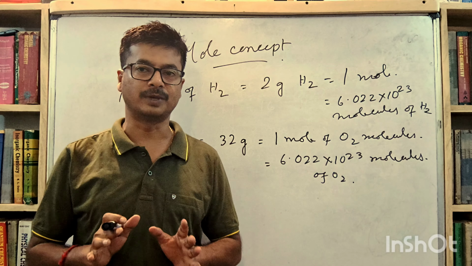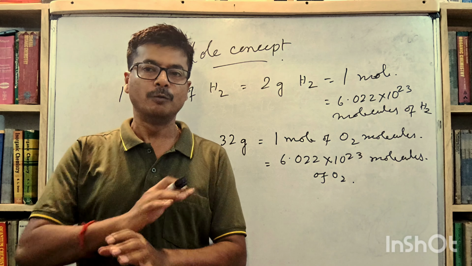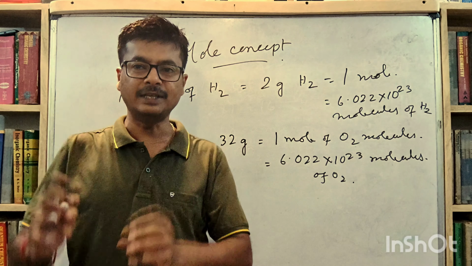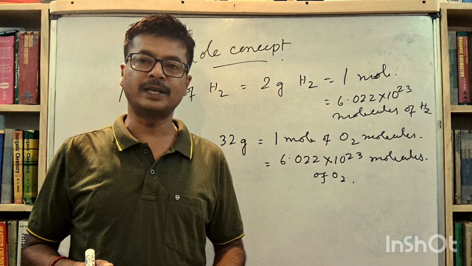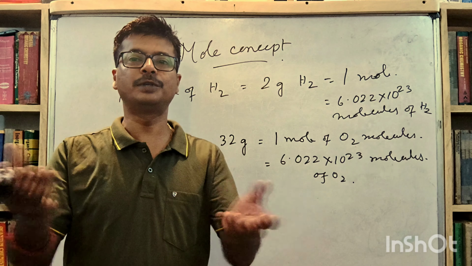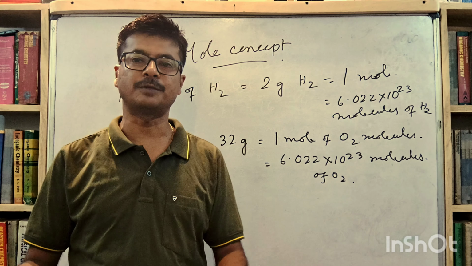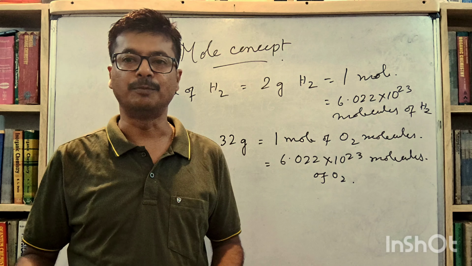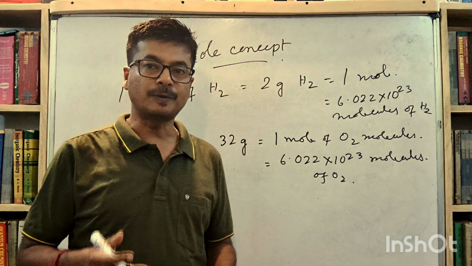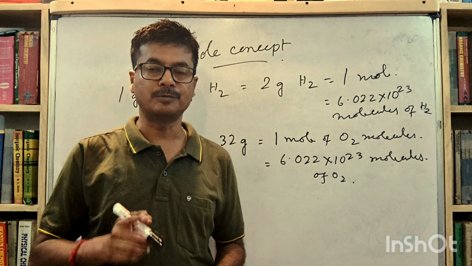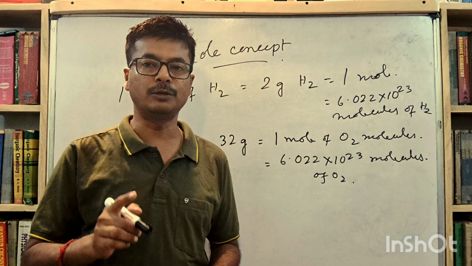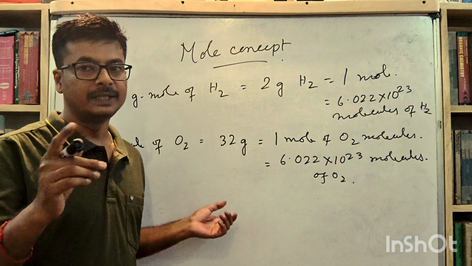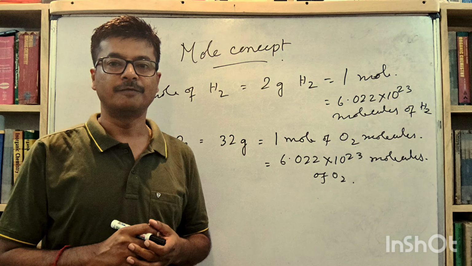Atoms are so small that even with the world's most powerful microscope we can't see them, and even if you could see them, counting is next to impossible. Even if 2, 3, 5, 10 or 20 atoms combine, it will still be very small, so again it is impossible to find. That's why, without counting the atoms or molecules, we can find their numbers with this relation. That is why the mole is very important.